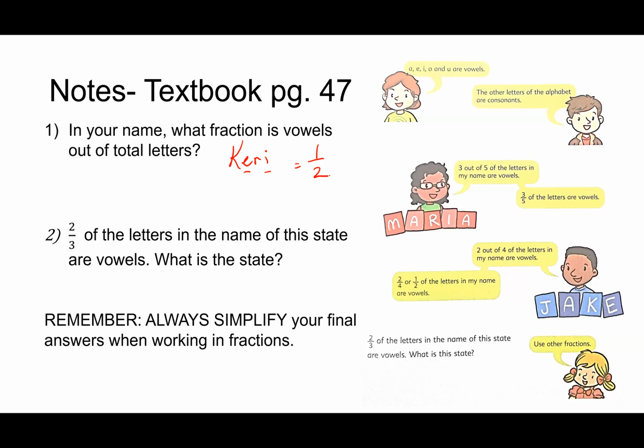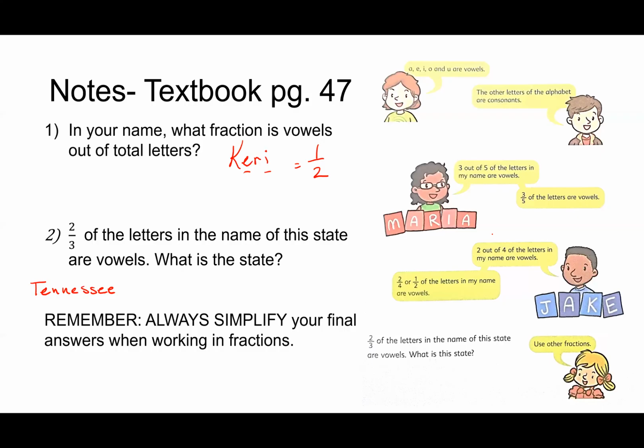So your state is going to have the same number of letters as that denominator. Could be 3rds, could be 6ths, could be 12ths. And there actually, I think, are a couple different ones that fit. See if you can solve that really quick.